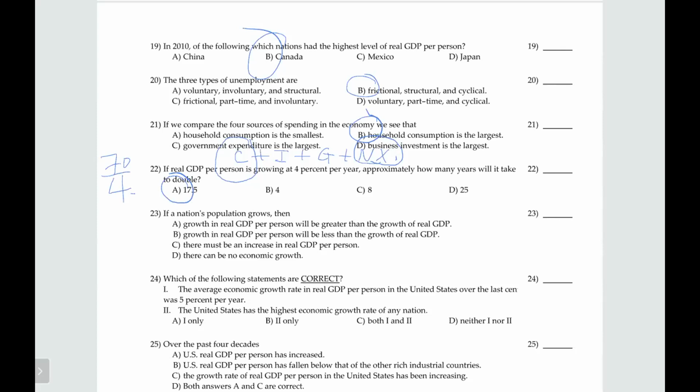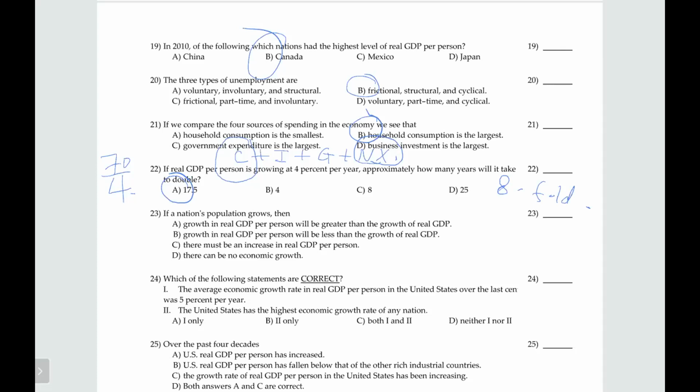Right? So let's just try a variation of these questions. If this question asks you approximately how many years it will take to increase GDP per person by 8-fold, how are we going to do it?